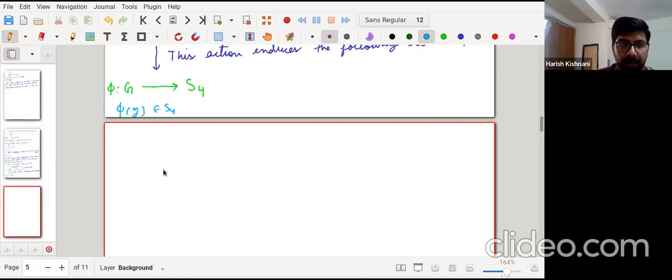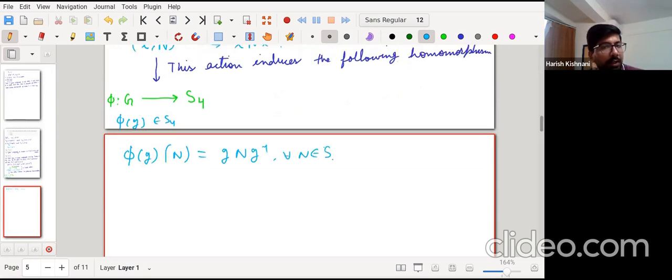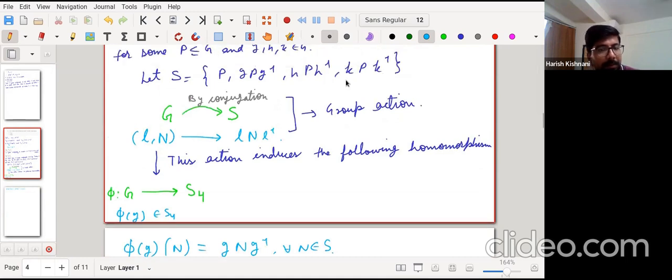Phi of g somehow permutes an element of S. So phi of g on n just sends n to g n g inverse, where n you already know is one of these.